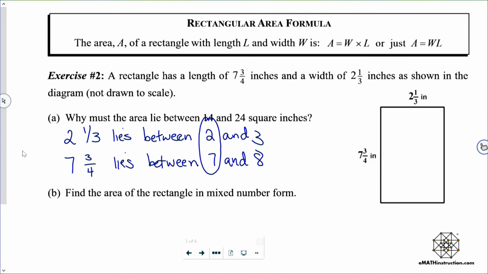So if I multiply the 2 smaller, 2 times 7 would be 14, and 3 times 8 would be 24, so the area has to lie in between that.